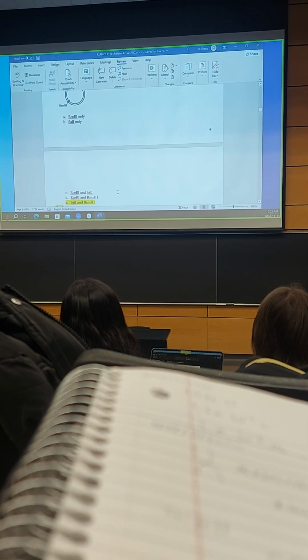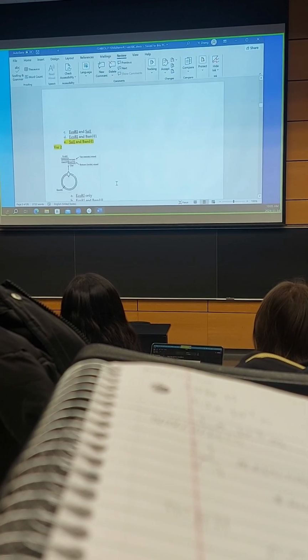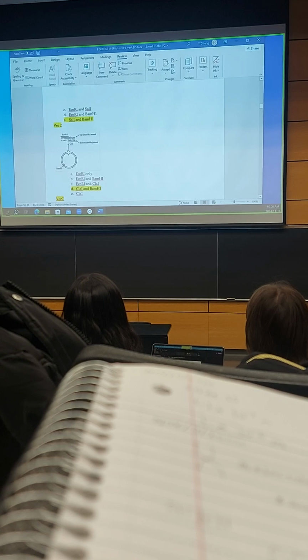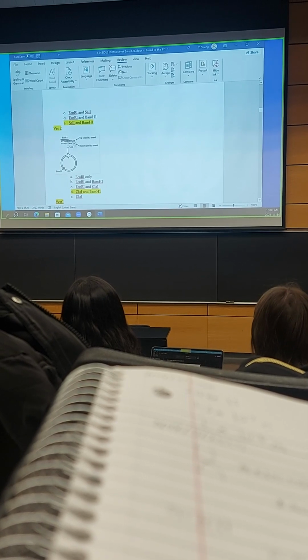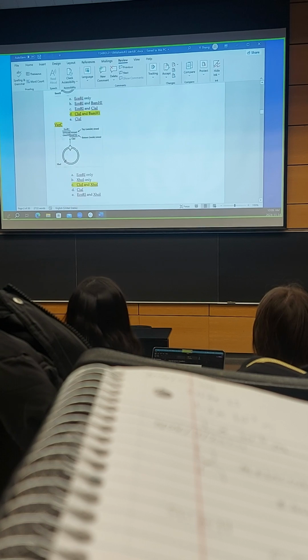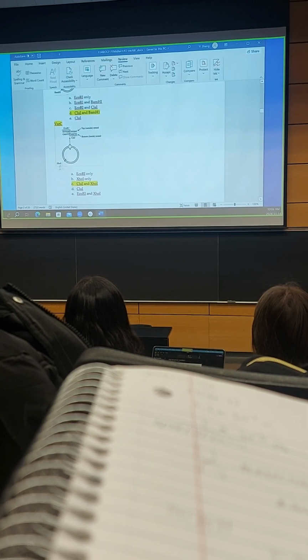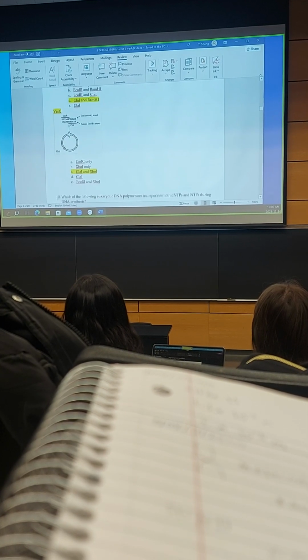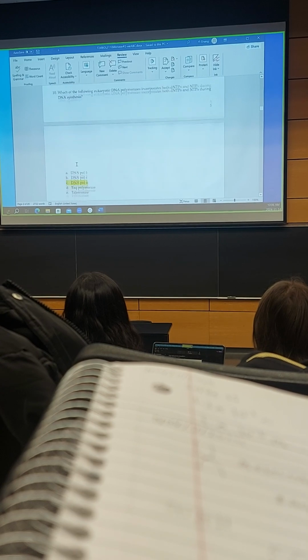So the correct answer will be SalI and BamHI. Version B, similarly, it will repair ClaI and BamHI. The version C, ClaI and XhoI. It's the same principle.